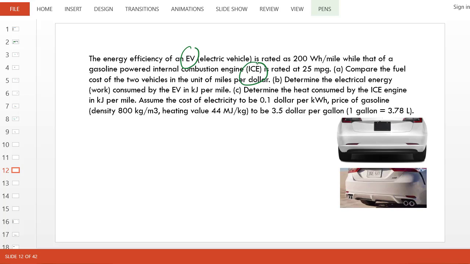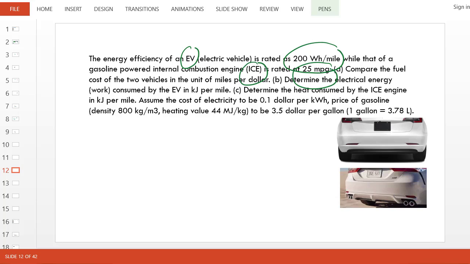The fuel mileage or fuel efficiency is given in watt hour per mile for an electric car and in miles per gallon, as you all know, for ICE engines. To compare them in the same unit, we are going to convert them to how many miles $1 will take you in an EV versus ICE. That's the main purpose of this problem.